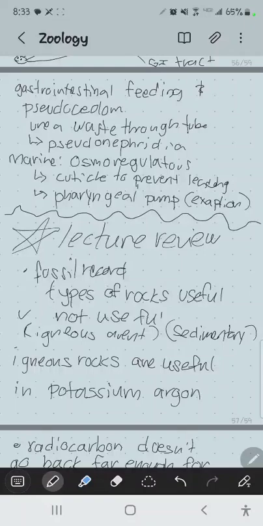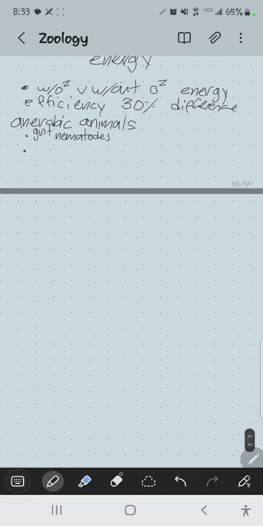Okay, so then I discussed nitrogenous wastes, that when animals digest protein, they make an ammonia waste immediately. And ammonia has some benefits in terms of it takes no energy to make it, and it readily dissolves in water.